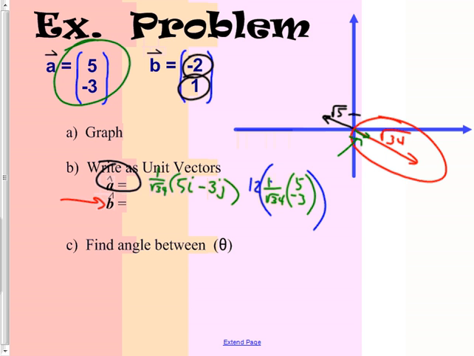B hat. All right. So I'd like you, please don't get distracted by that. I'd like you to find this little part that's 1 over something times something. Figure out the unit vector for B hat. And then I'm going to tell you a typical question you'd be asked in the test.